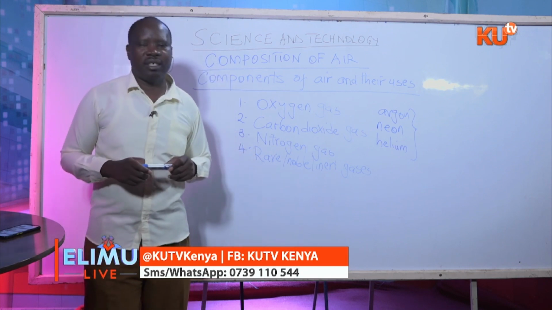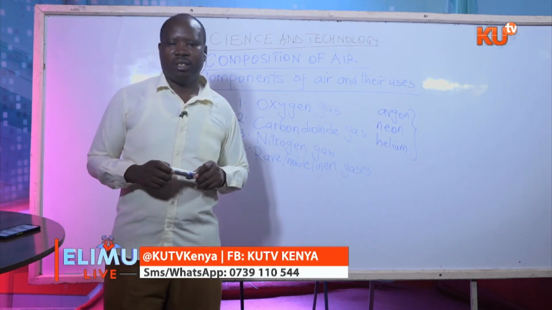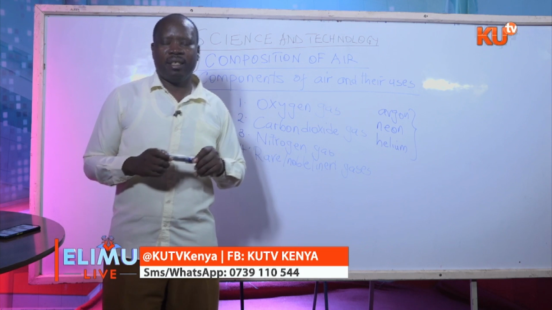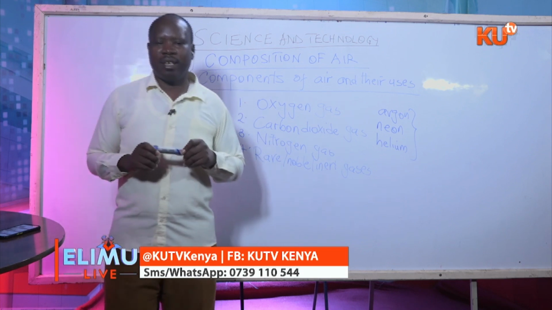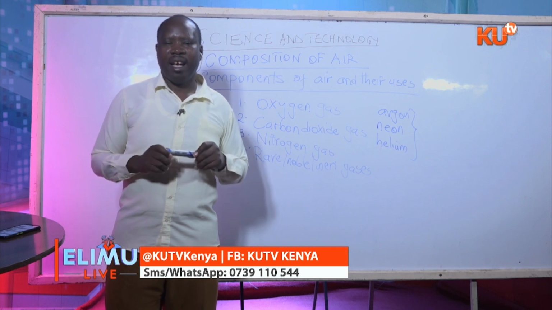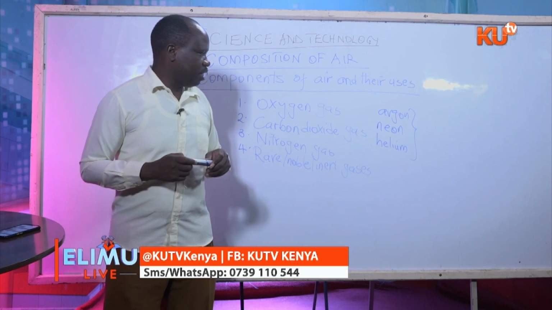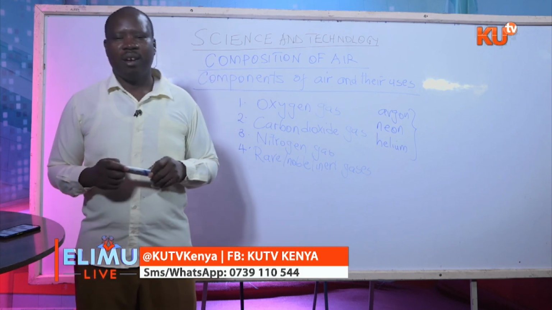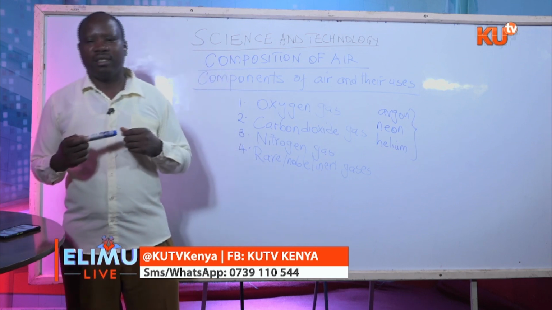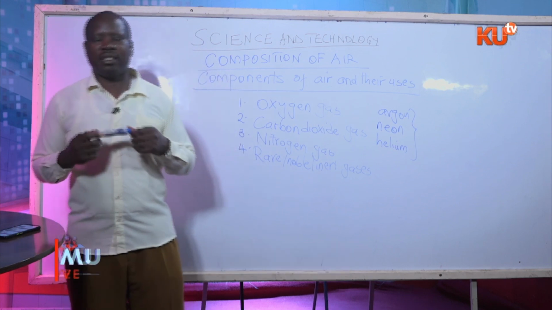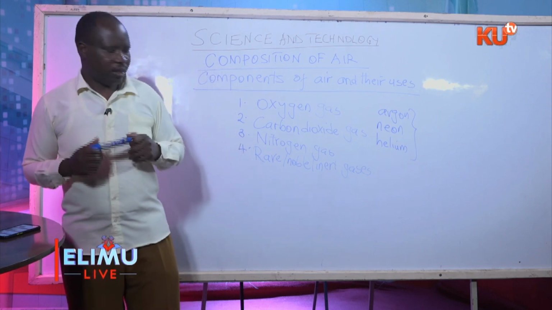Number two, noble gases are used in burning in the bulbs. For a bulb to light, rare gases, in fact all of them, neon, argon, and helium, are used. And when they burn, the bulb and a fluorescent tube are able to produce light.